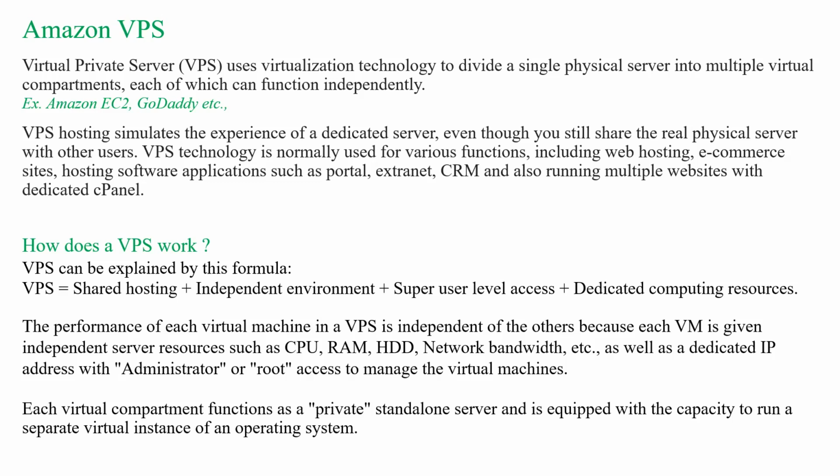So the performance of each virtual machine in a VPS is independent of the others because each virtual machine is given independent server resources such as the CPUs, RAM, hard disk drives, network bandwidth, as well as dedicated IP addresses with administrator or root access to manage these virtual machines.